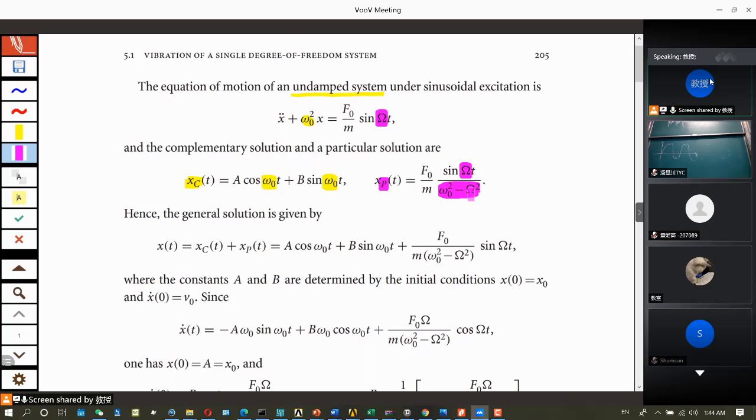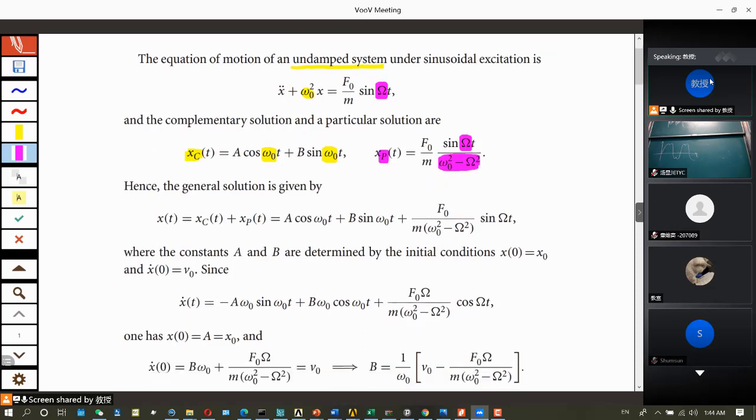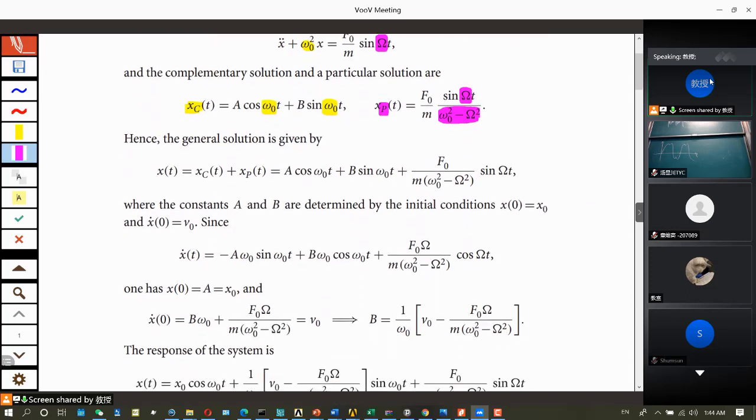So when capital omega is the same as omega 0, we have resonance. The denominator becomes 0.